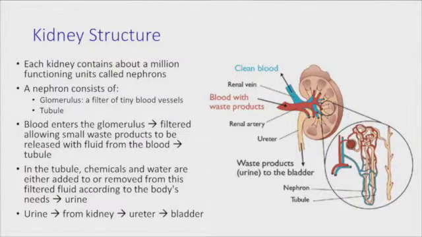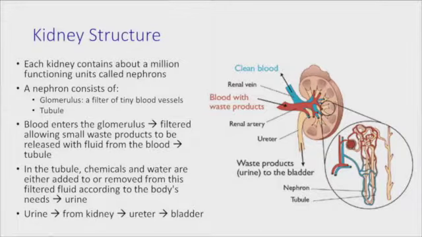Regarding the structure of the kidneys, it's quite complex, but I want to try to simplify it in one slide. Each kidney contains about 1 million functioning units, and each of these units is called a nephron. A nephron basically has two different components. On one part, the glomerulus, in plural glomeruli.